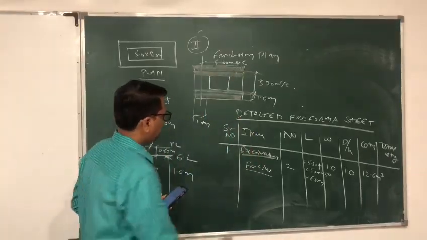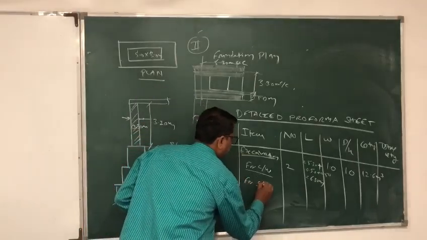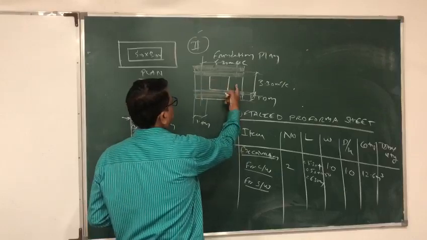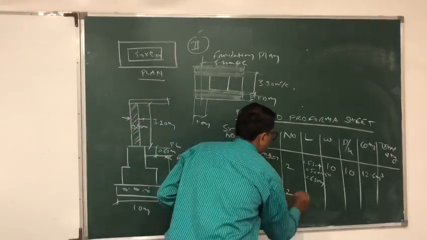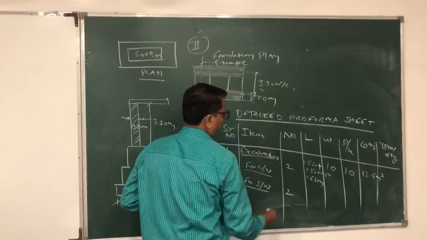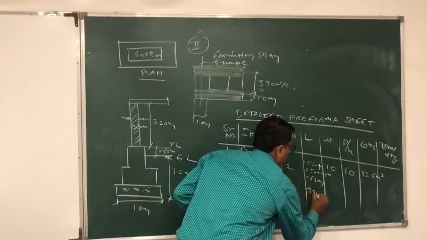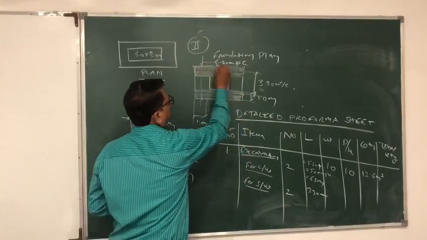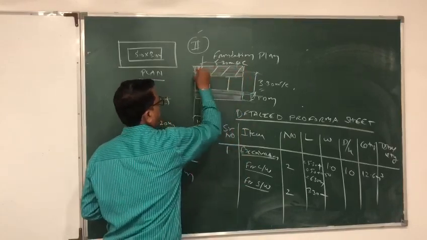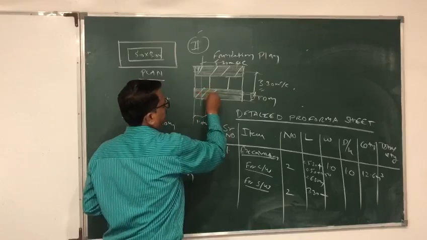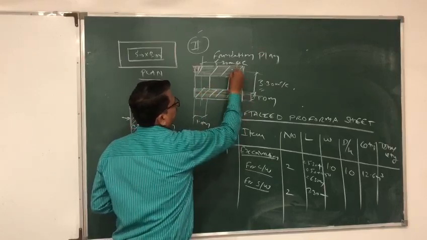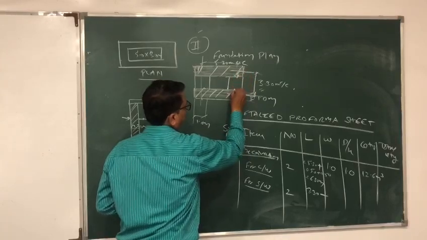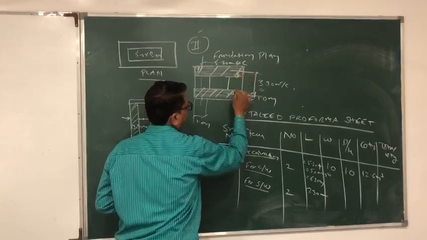Now for the short wall, you should take two walls. The center line is 3.3 minus 0.5 minus 0.5, because this area is already covered in the long wall. If you see the diagram, our center line goes up to this, so that's why we are deducting this measurement on this side and on this side.